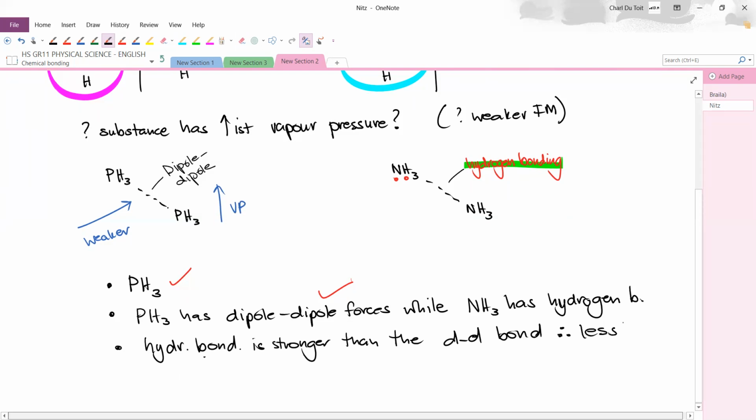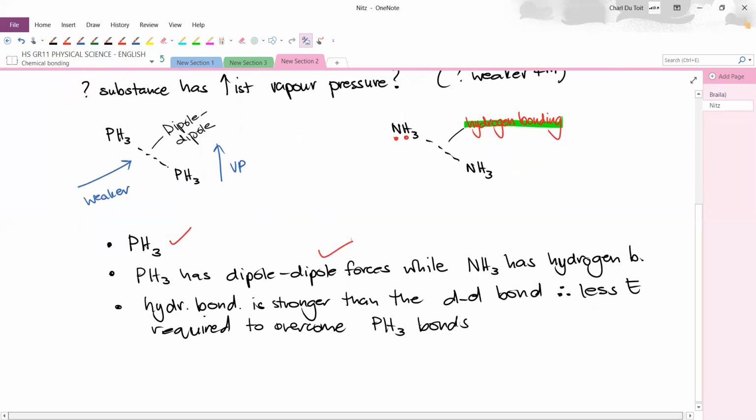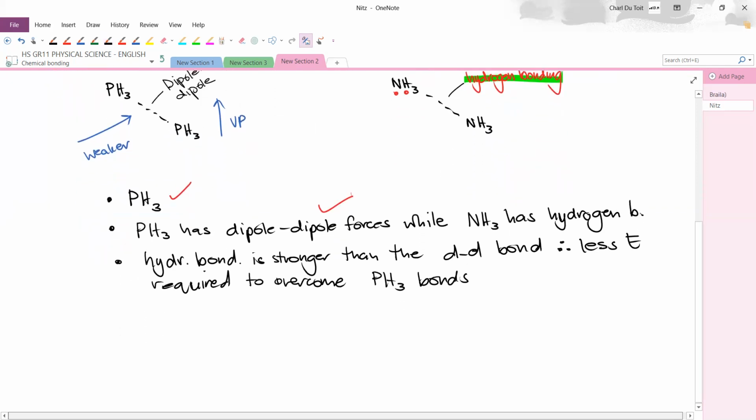Therefore, less energy is required to overcome the PH3 bonds. Or you could have said more energy is required to overcome the bonds between ammonia. And last, therefore, the PH3 will evaporate quicker at the same temperature.